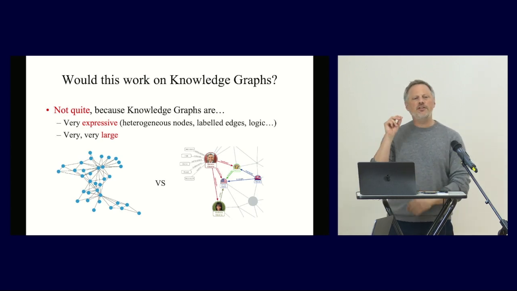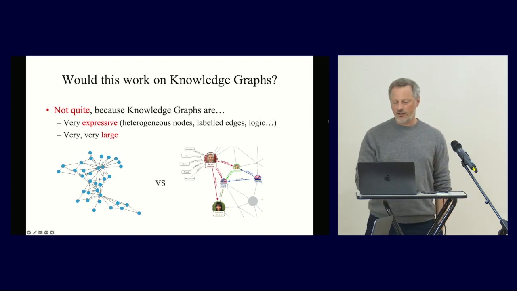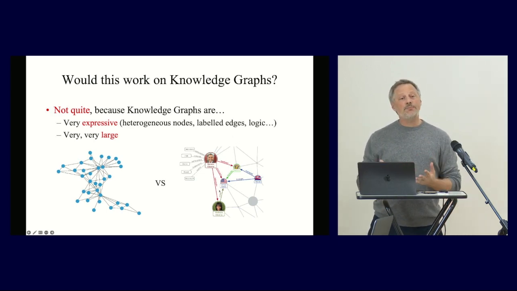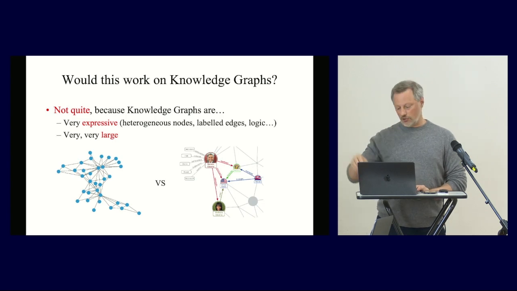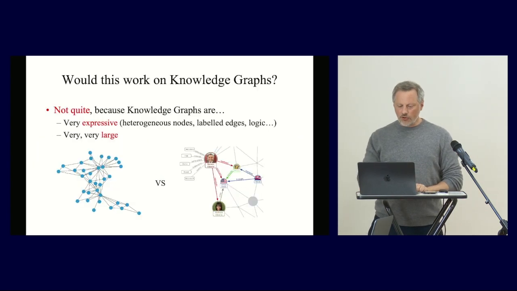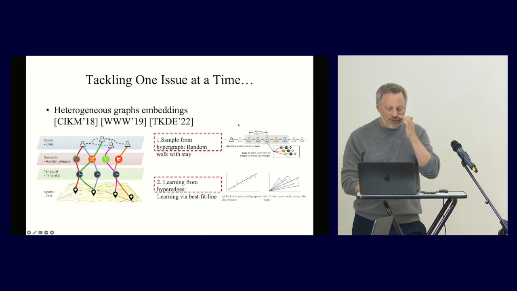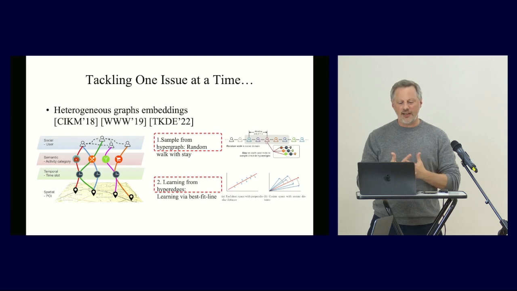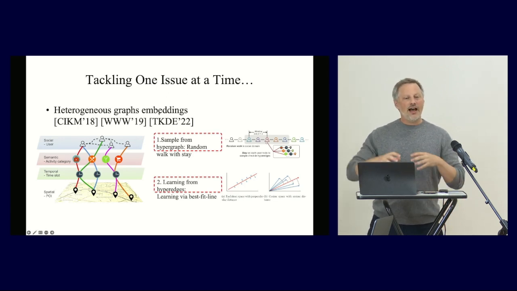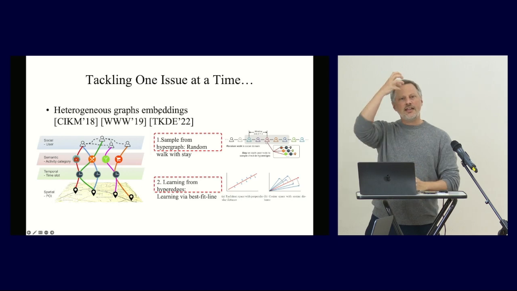So this is very, very difficult to basically represent some aspects of a knowledge graph into vectors. So what we've been doing in my group is tackling those different technical problems one at a time. So for example, we worked a lot, and I think we are not there yet, on heterogeneous graph embedding, like having an embedding which captures the different types of the nodes.